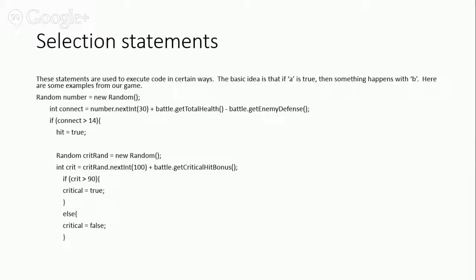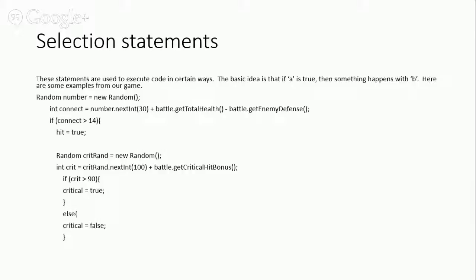This will generate a random number, and if you can see right up here, if a random number is greater than 14, then it equals true, and you can see that happens right after the curly brace after that statement. Below that, there's another random number, and we'll make the integer crit for that.